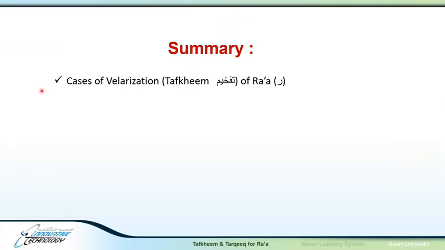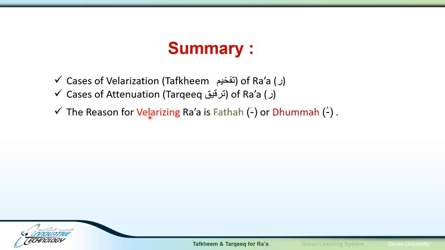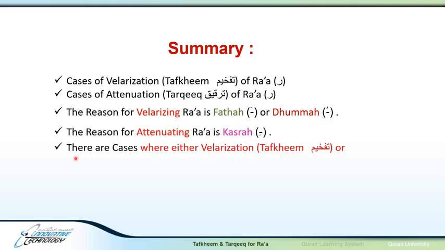In this lesson, we learned about the cases of velarization, Tafkheem of the ra, and the cases of attenuation, Tarqeeq of the ra, and learned that the reason for velarizing the ra is fatha or dhamma, and that the reason for attenuating the ra is kasra, and that there are cases where either velarization, Tafkheem, or attenuation of the ra is allowed.